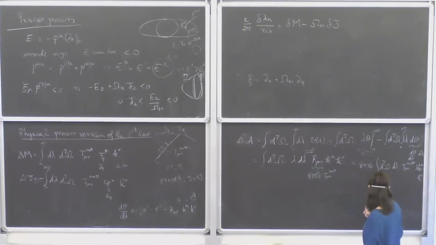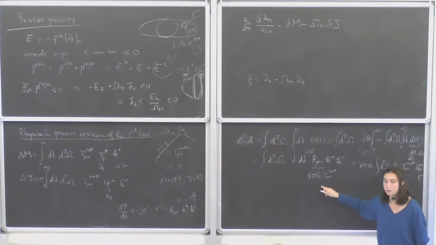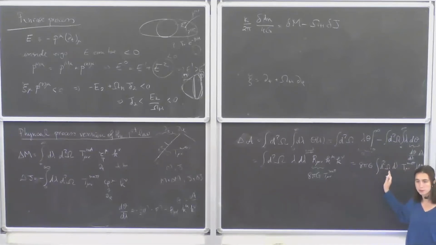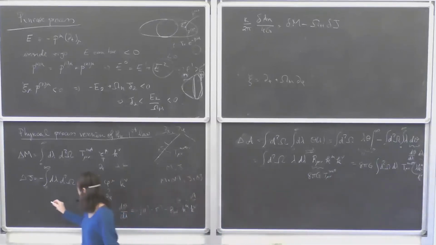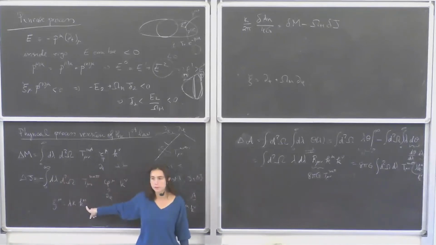But now, okay, so is it clear up to here what we did? So we just use Raychaudhuri, and then we use the Einstein equations, and then we're able to massage this. But now remember that along the horizon, the Killing vector, so this is something that we derived today, xi mu was something like lambda k times k mu, which we were calling L mu earlier in the lecture, right?